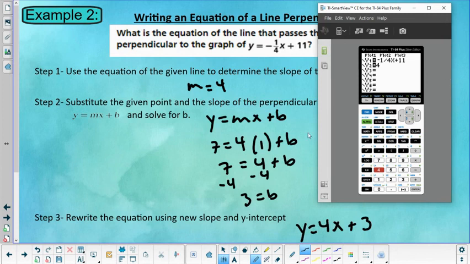Give me 1 second, I have to use the x on here. We hit graph and it goes off a little bit. So let me zoom out. You can see that they are perpendicular to one another.